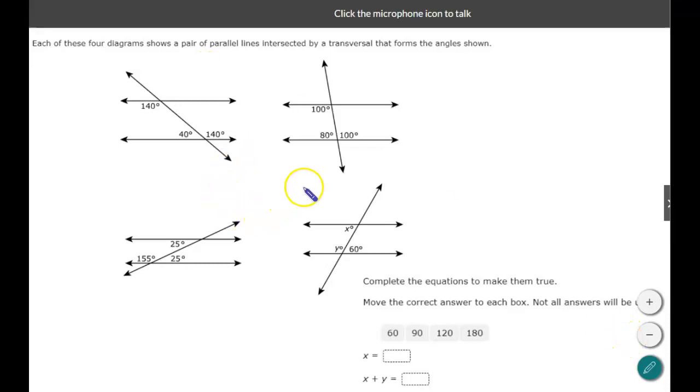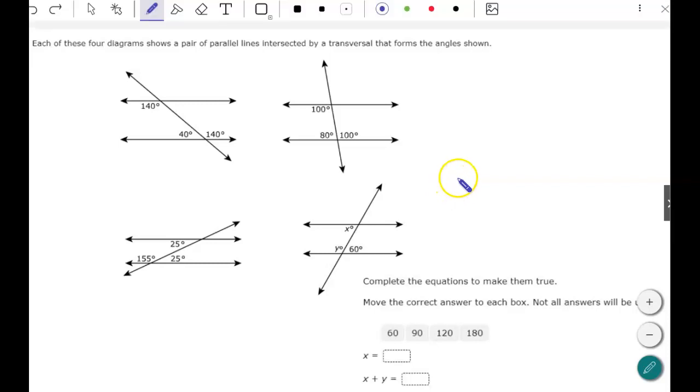All right, so each of the 4 diagrams shows a pair of parallel lines intersected by a transversal that forms the angles shown. All right, so complete the equations to make them true. Move the correct answer to each box. Not all answers will be used. So here it says x equals.